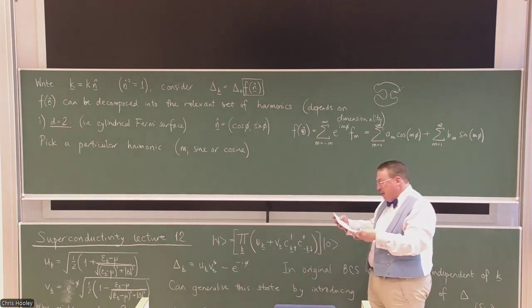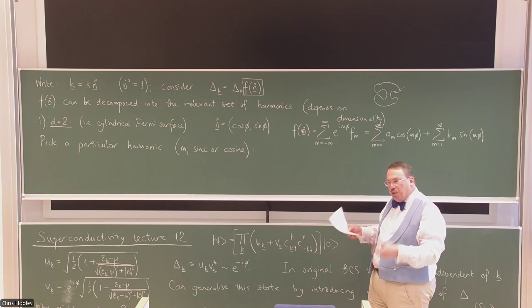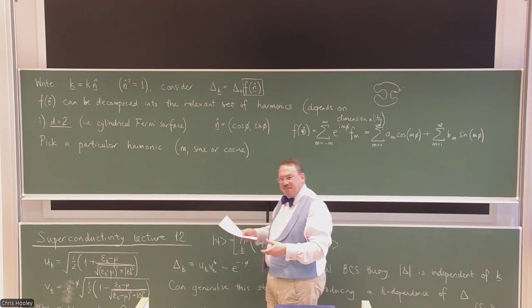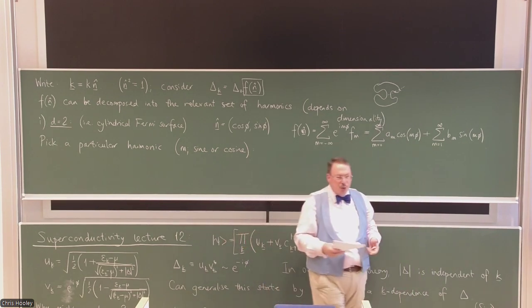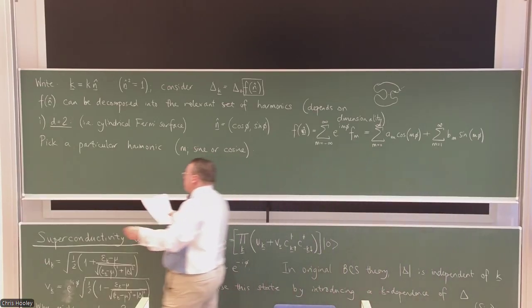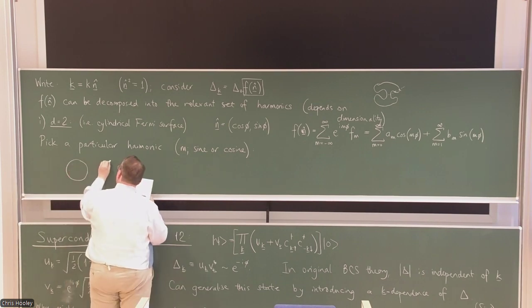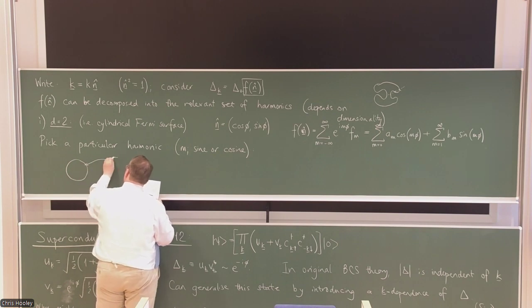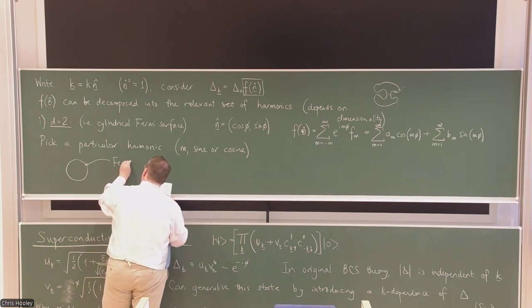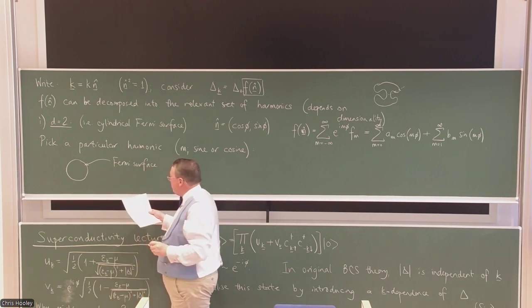And there is a way of drawing these things which people commonly use, which I'd like to show and discuss a little bit, because these pictures are often drawn and actually quite rarely explained. So what we do is to draw the Fermi surface. So this ring here is our assumed isotropic 2D Fermi surface.